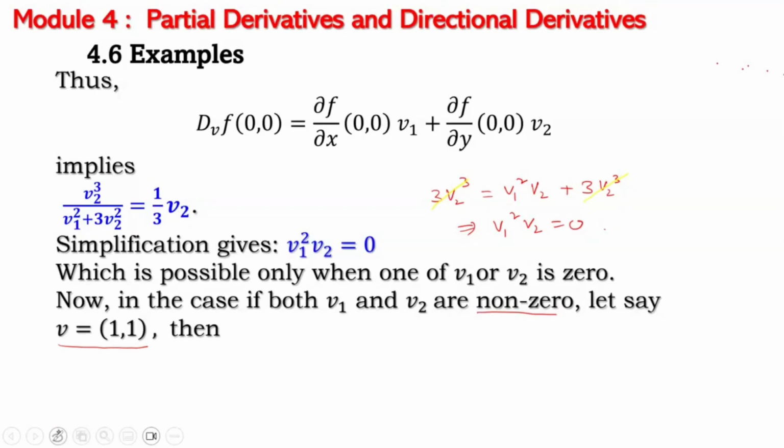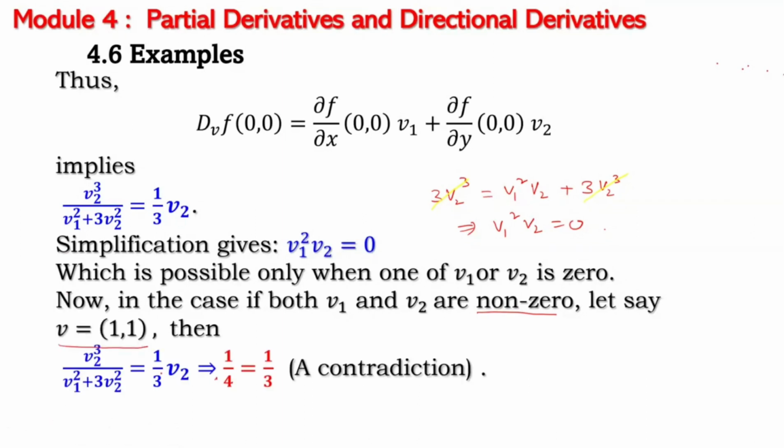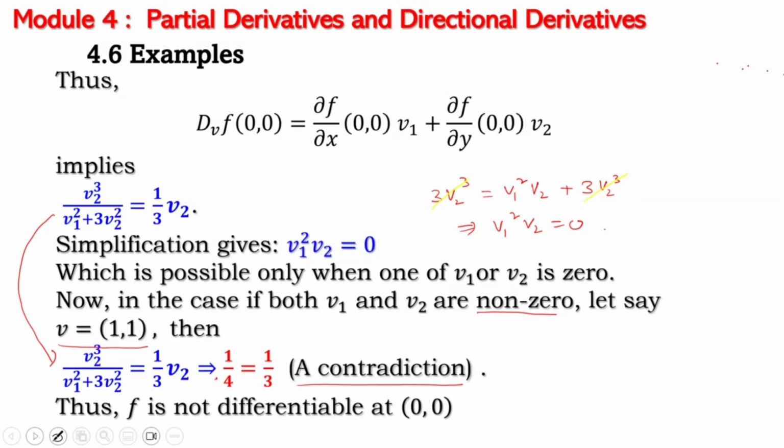Then from this relation we get that 1/4 is equal to 1/3, which is a contradiction, not possible. So our assumption that the function is differentiable is wrong. So we got the conclusion that the function is not differentiable at (0,0).